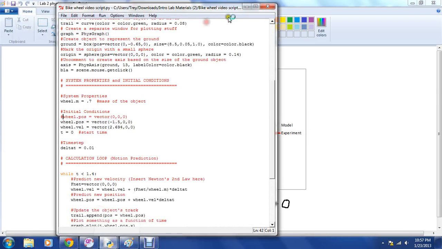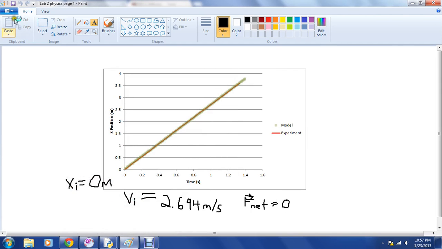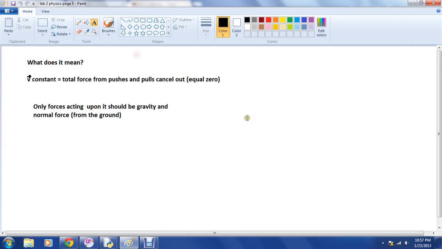And finally, we'll go to the last part. What does it mean? Is it possible to say how many pushes or pulls are being added together to get a net force of 0? Obviously, all the forces acting on the tire cancel out because the net force is 0.